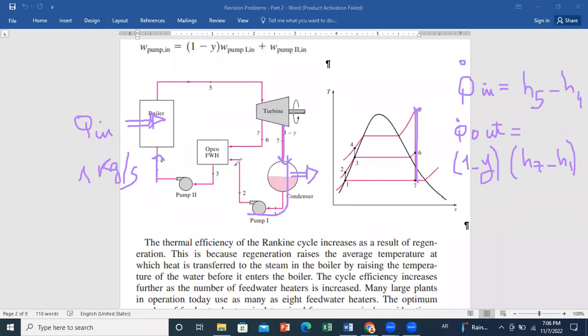Within the open feed water heater, you cannot consider it a closed system. You just have exchange between the fluids, so it's internal exchange. You will not consider it as Q dot in or out, because as we did the analysis, you just have heat transfer between the fluids. The mass flow rate y and the mass flow rate 1 minus y exchange heat to come up with an intermediate point.